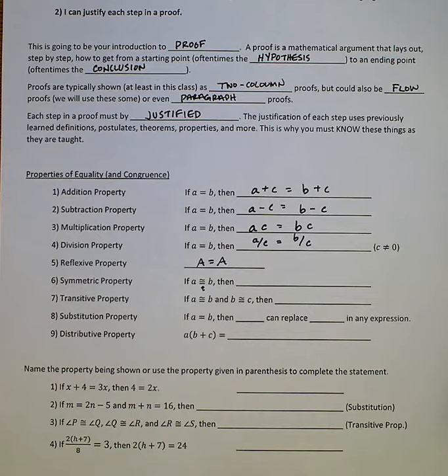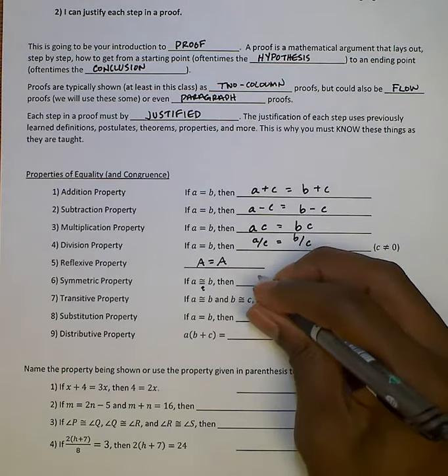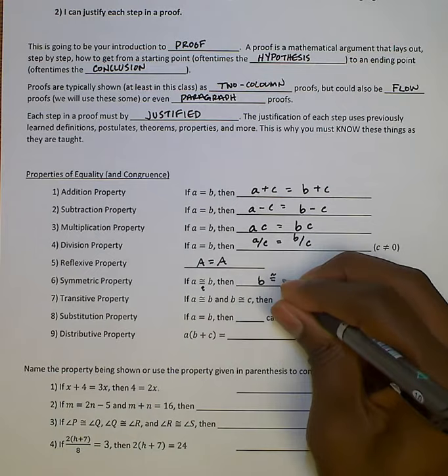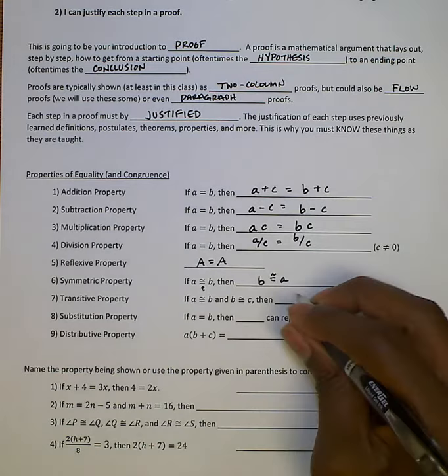Symmetric property, we'll say if A is congruent to B, then B is congruent to A. Transitive property, if A equals B and B equals C, then, I said equals, I messed up.